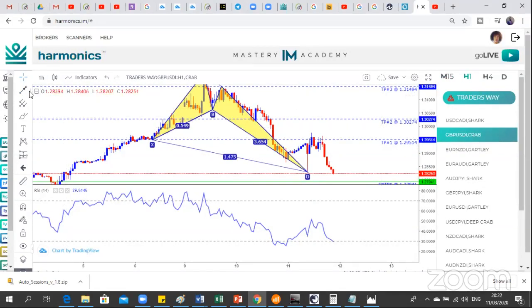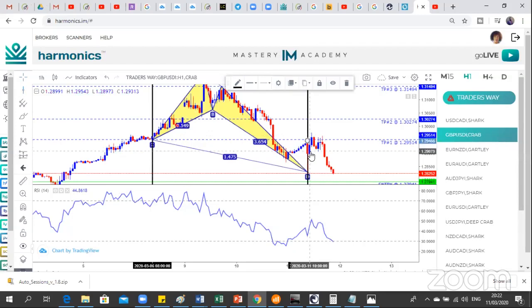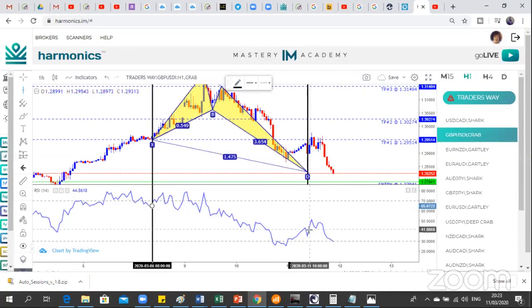This is the D point, X point. This is the D point. I pick also the same point here, and I pick also the same point here.